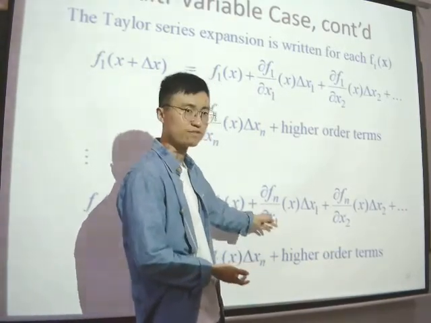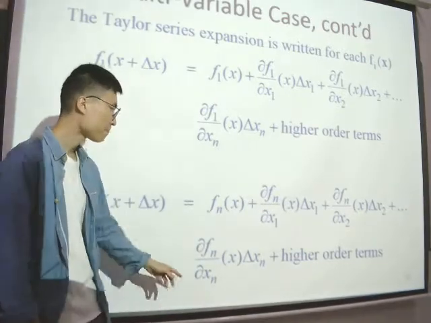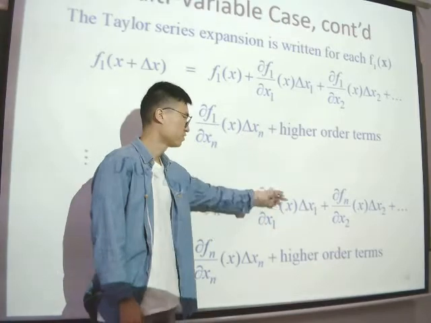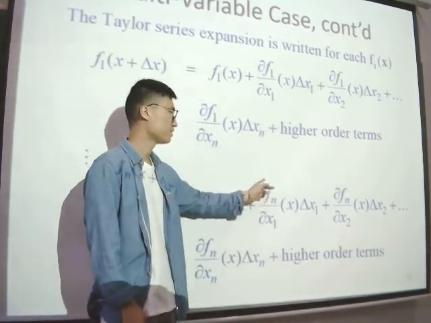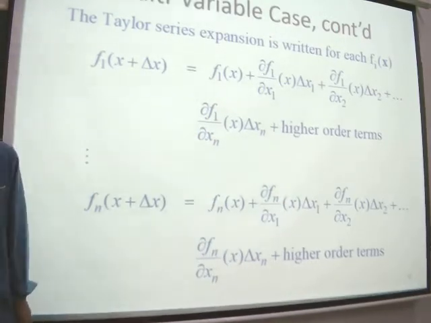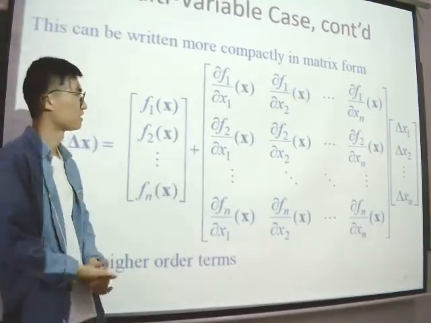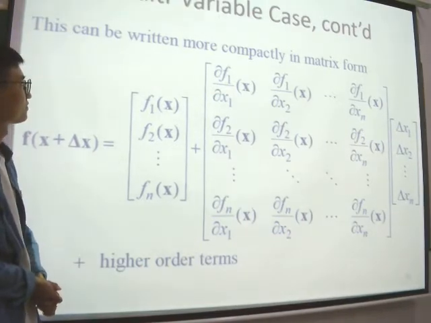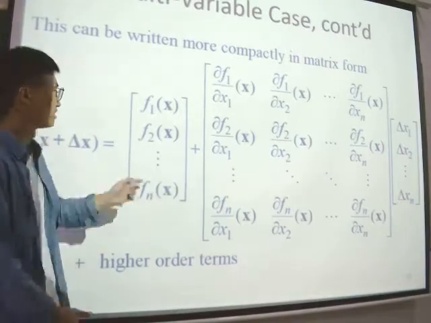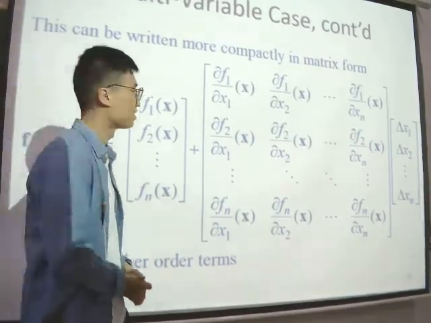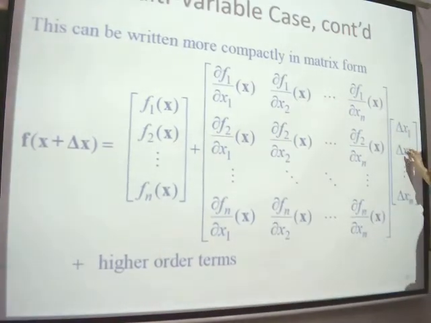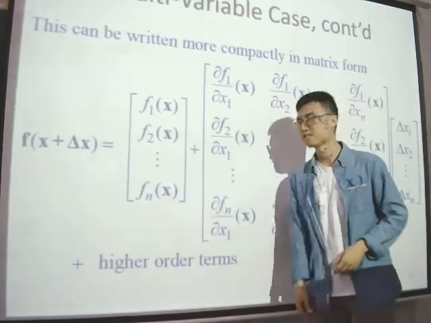Okay, so here is only the first order, right? f(x) plus the first order term. The first order term is the first order differentiation of f with respect to x, multiplied with delta x. Just like this, right? Here is the f(x) value, here is the delta x, the error term, and here is the matrix.